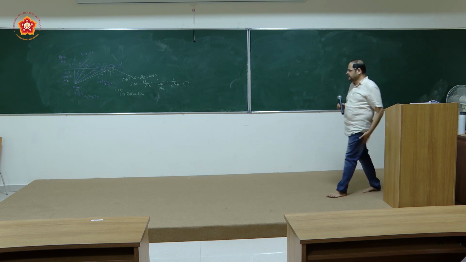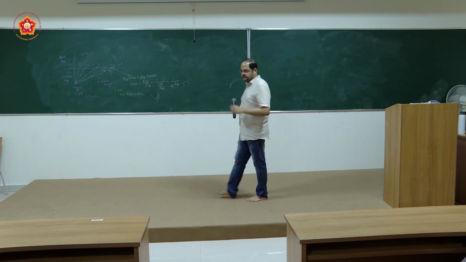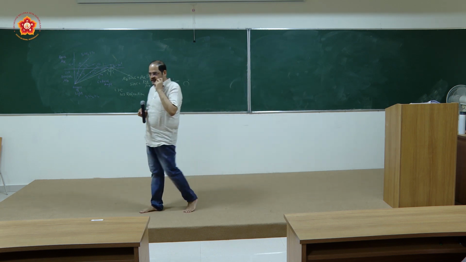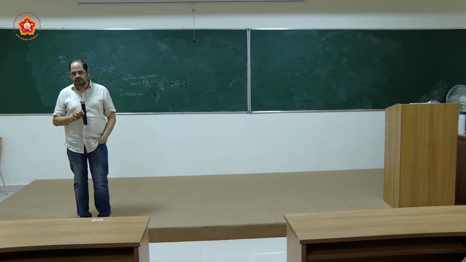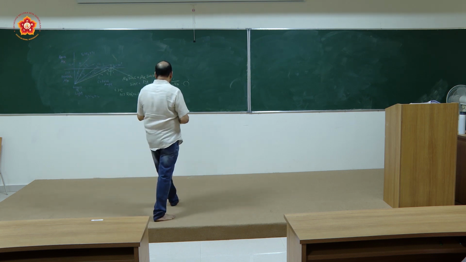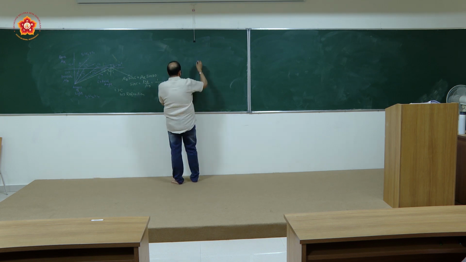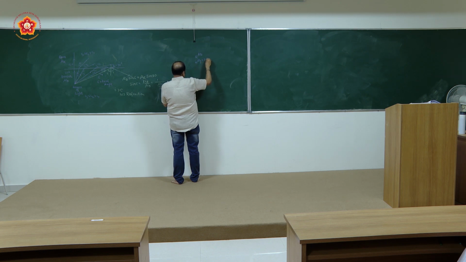Now you should make a table here, because that table will always help you to get the answer as a ready reckoner. Because we have refractive index of denser with respect to rarer, I can think of refractive index of glass with respect to air, that is equal to 1.5.